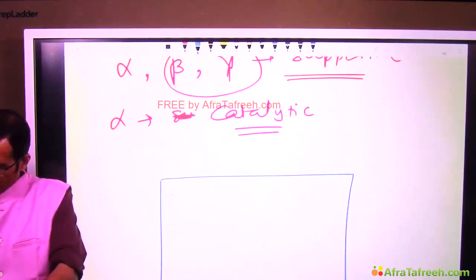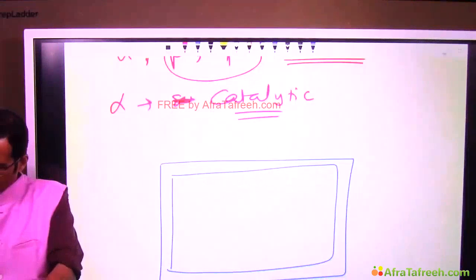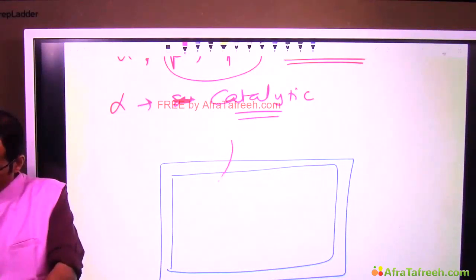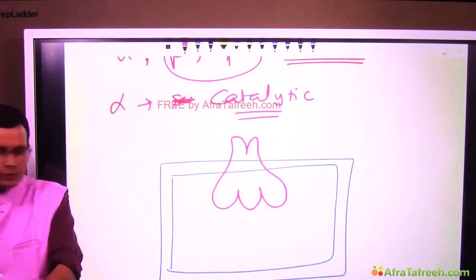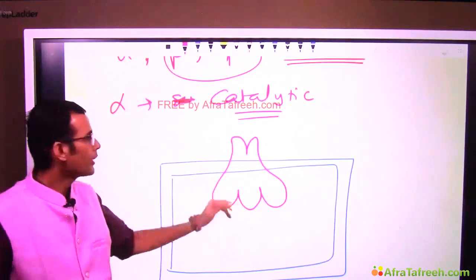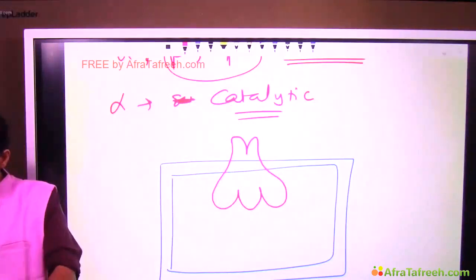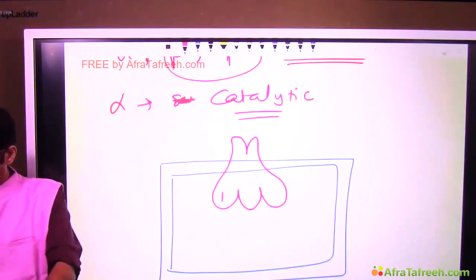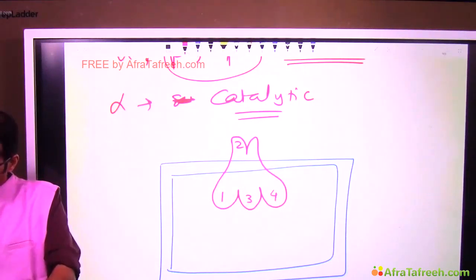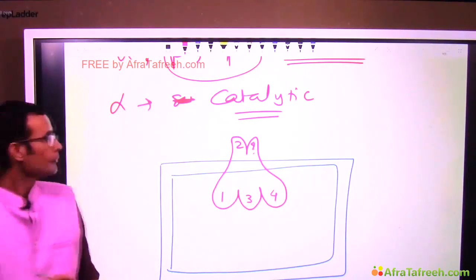Alpha subunit has 5 binding sites. 3 on the intracellular aspect of the pump and 2 on the extracellular aspect of the pump. 1, 2, 3, 4 and 5.